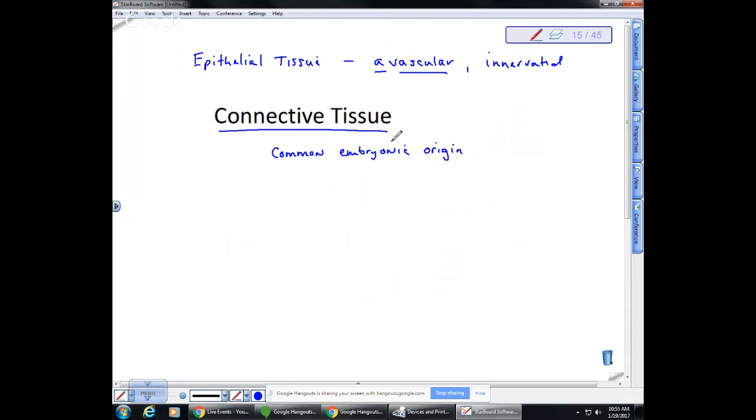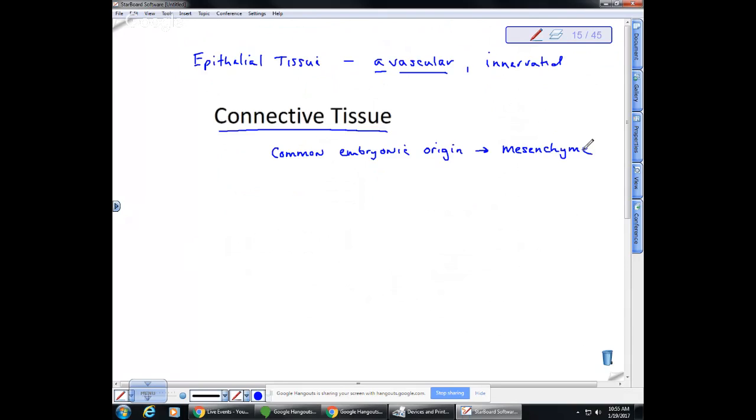And the area that is going to make up the bone, the blood, cartilage, and fat, for example, are all found in the same area. So they have a common embryonic origin. This is specifically called mesenchyme. The embryonic tissue that makes up connective tissue is called mesenchyme.